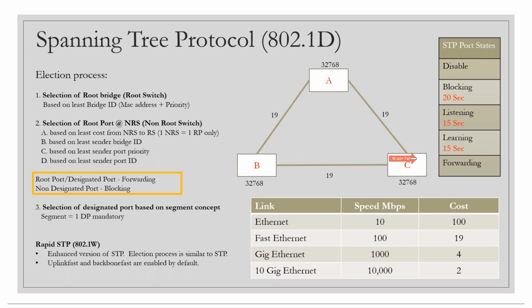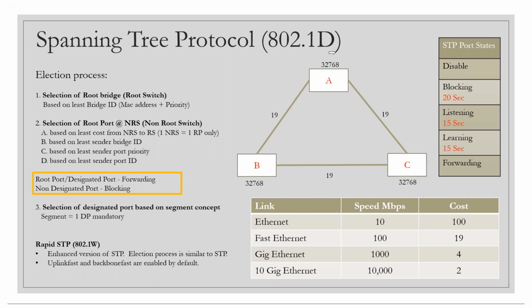Now, the answer is that let's say on your switch C, you have got a server connected. If you want to reach it from A, then your path is A to C, right? If you want to reach it from B, then your path is B, A, and C. Great. Now what happens, let me just show it to you.